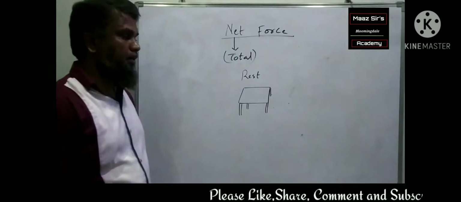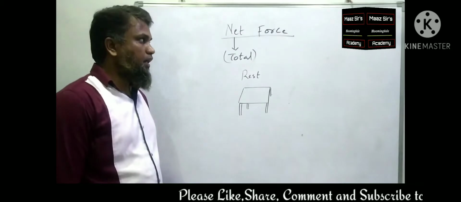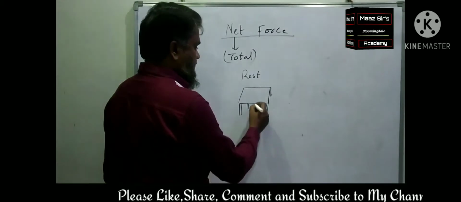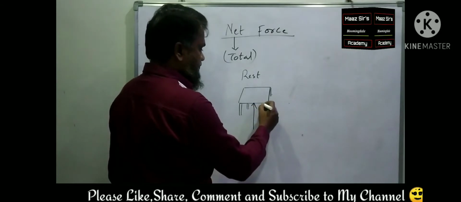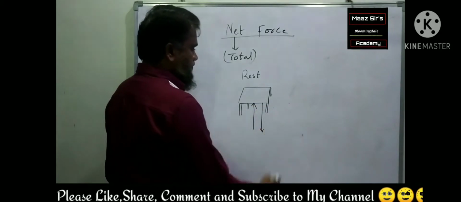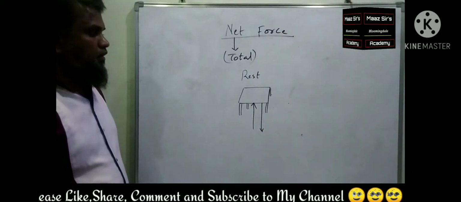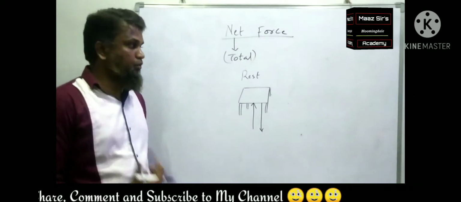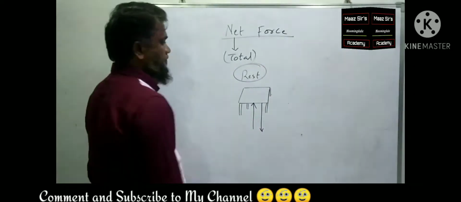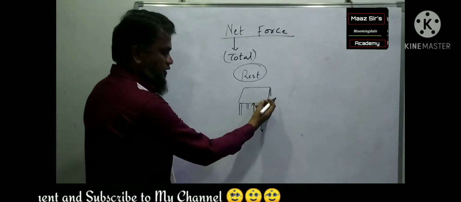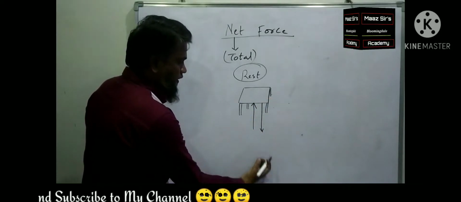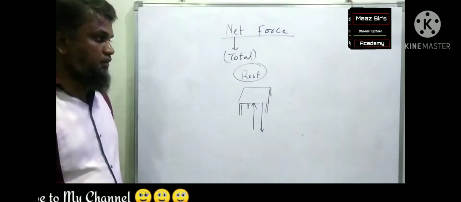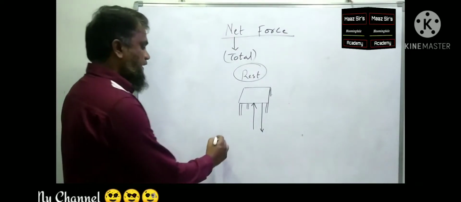Whenever any object is at rest, there are two forces acting on it which make the object stay at rest. One force is pulling the object downwards and the other is pushing upwards. Is it clear?